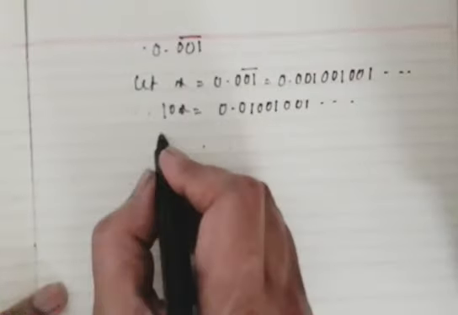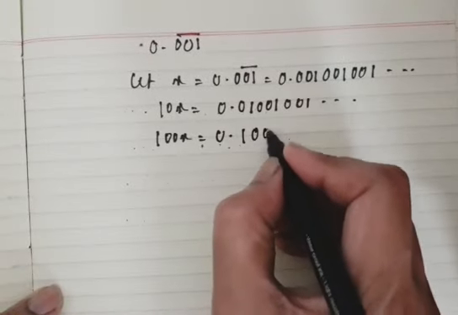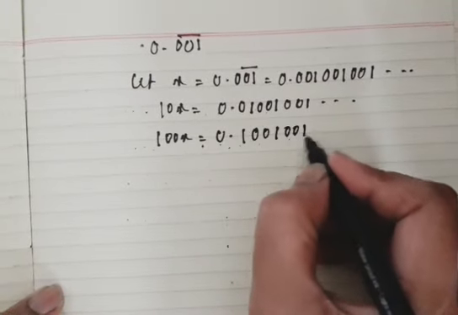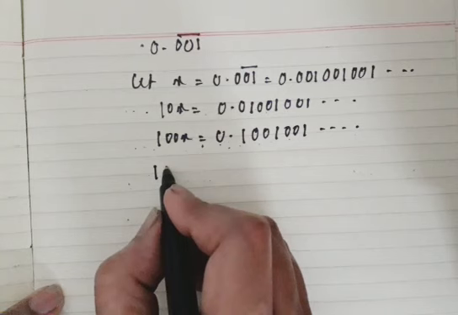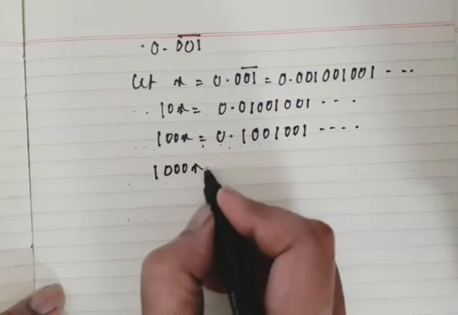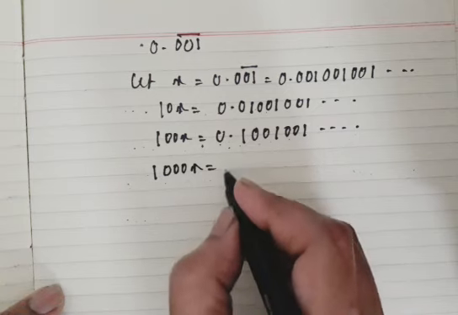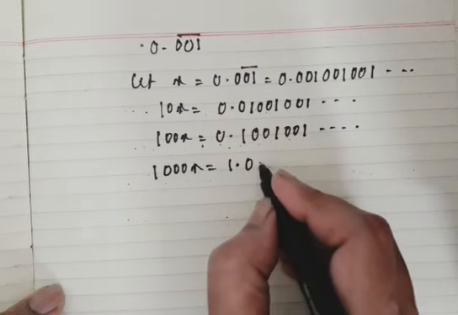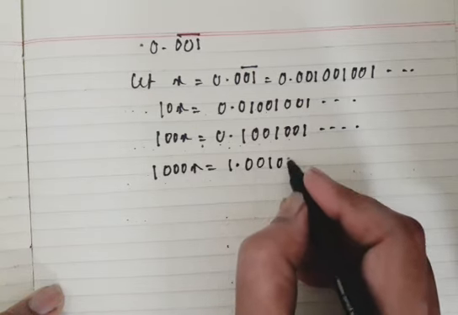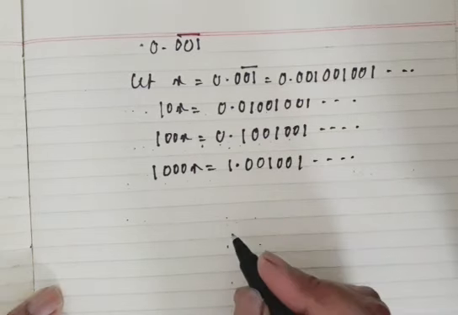So 10x is 0.01001 like this. 100x is equal to, again the decimal must be shifted, 0.1001 like this. Now 1000x is equal to, again shifted, 1.001 like this.